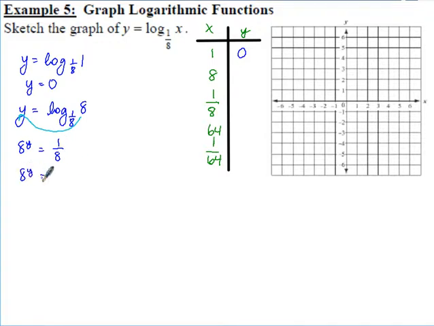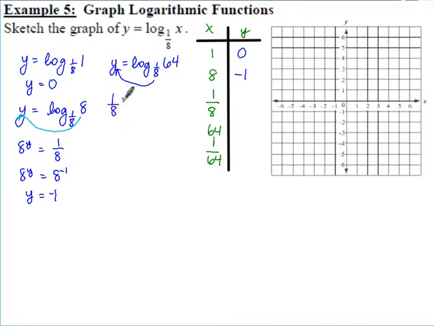So if you have a fraction down here on the bottom and you have a positive value here, you're probably going to get negatives. Let's do y equals the log base 1/8 of 64 first. So the 8 goes underneath, and you're going to have 1/8 to the power of y equals, oh gosh dang it, I did the 1 wrong before.